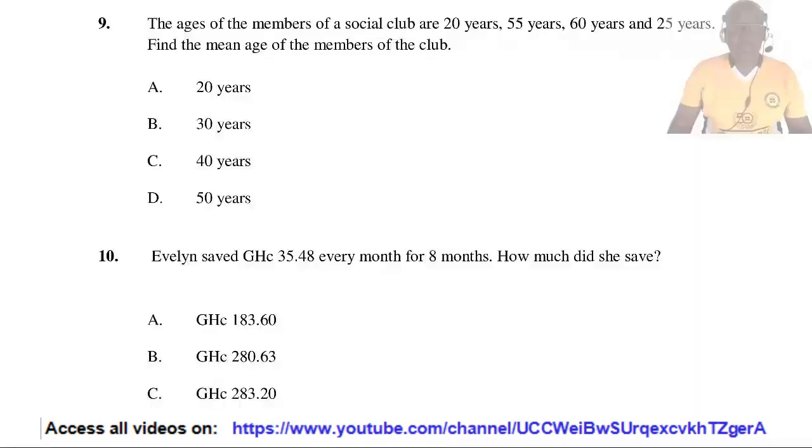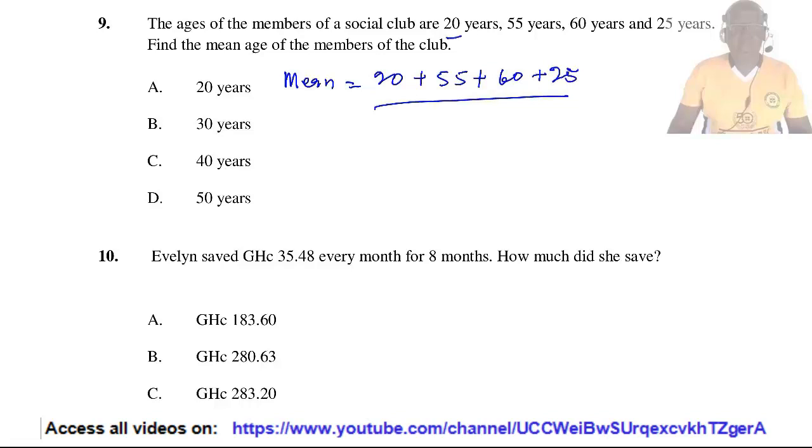Question 9. The ages of members of a social club are 20 years, 55 years, 60 years, and 25 years. Find the mean age of the members of the club. The mean age is going to be equal to the total, which equals 20 plus 55 plus 60 plus 25 divided by, there are 4 in number, 1, 2, 3, 4.